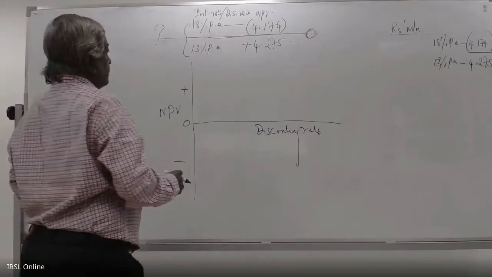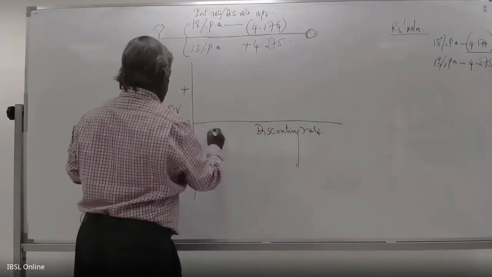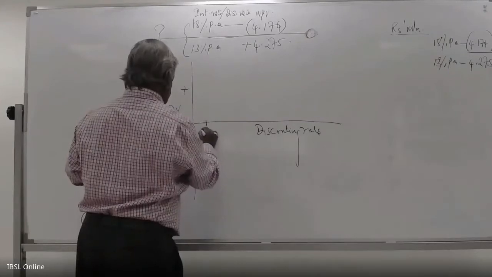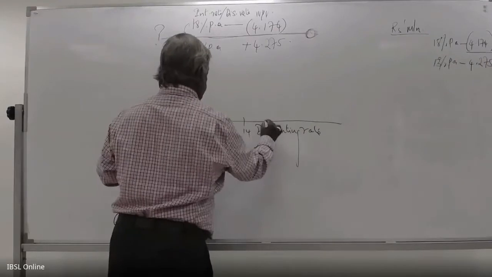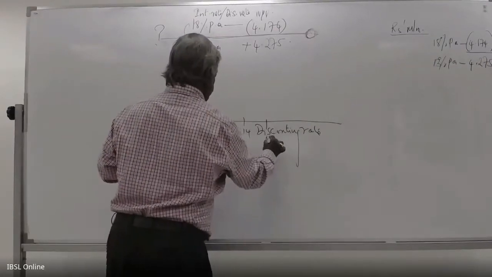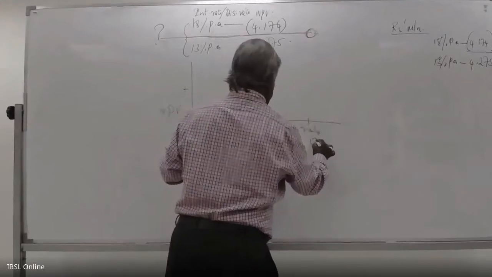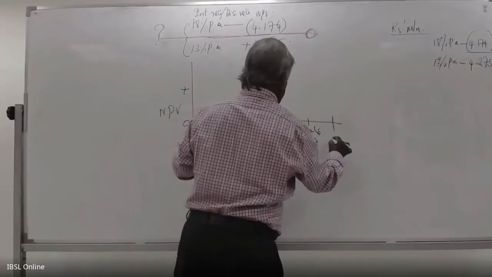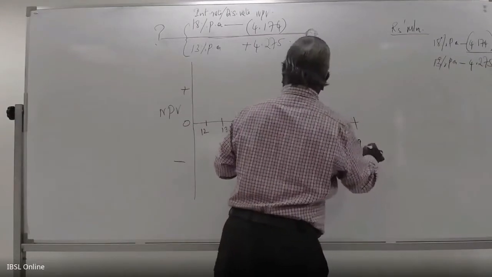So say the graph is from 13 to 18%. Let us say here it was 12% discounting rate, 13%, 14%, 15%, 16%, 17%, 18%, 19%, it goes on like that.